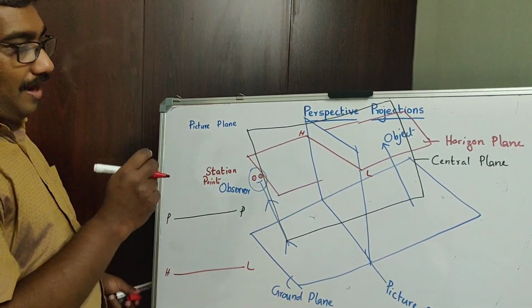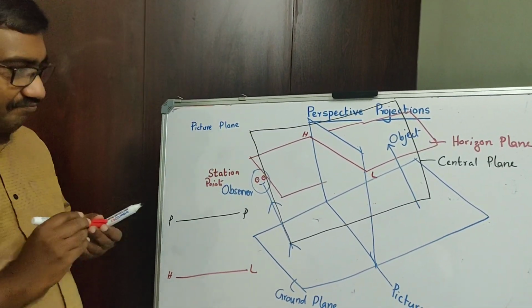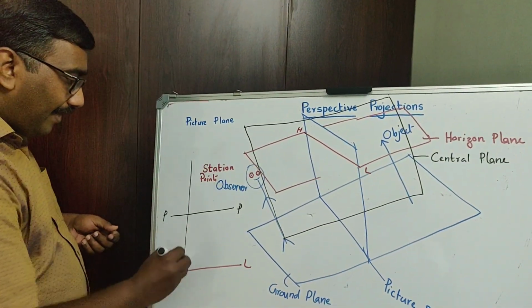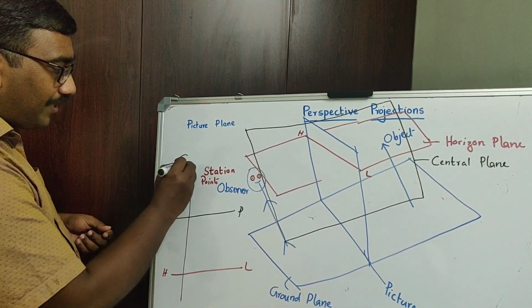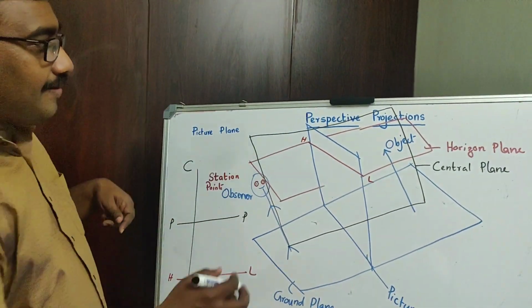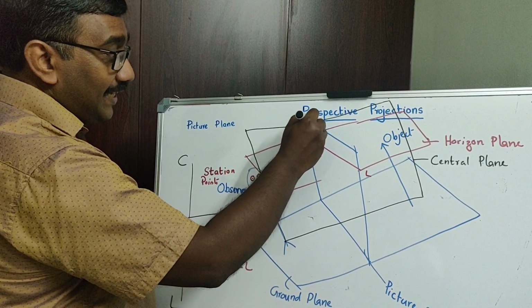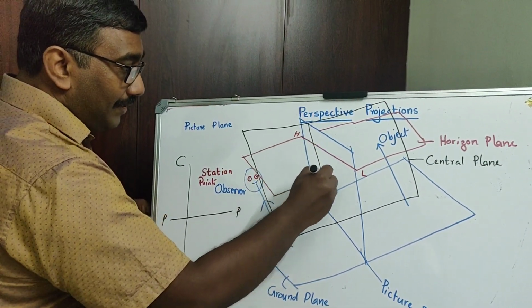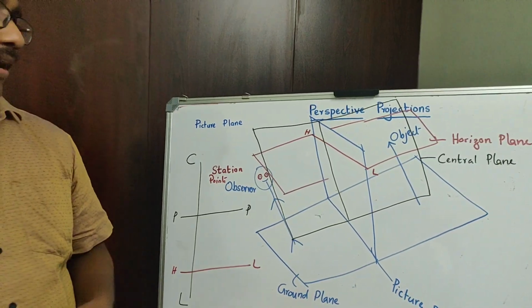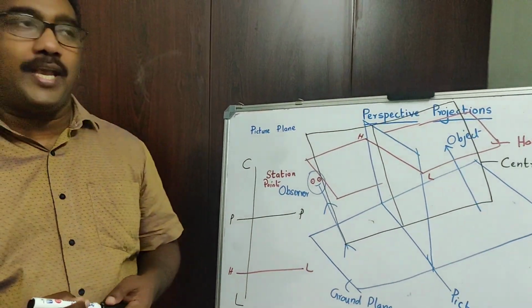And another plane, which is the central plane. The central plane can be a vertical one. So there should be a central line. Central line means it is the line of intersection of picture plane and the central plane. Okay.